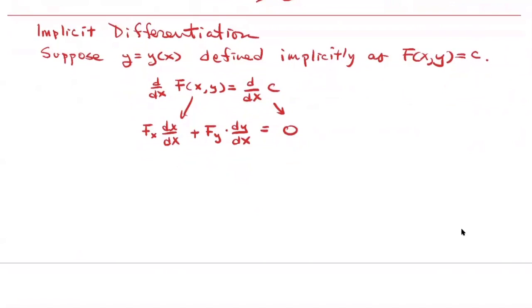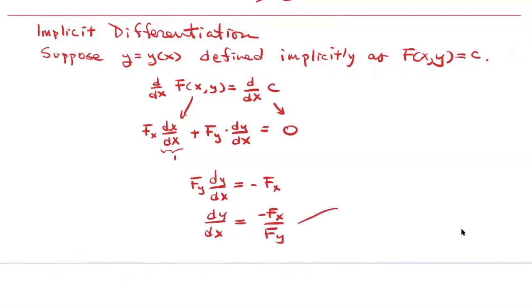Okay, and we're trying to solve for dy over dx, so that's easy enough here. Of course, dx over dx is just 1. So what you get is that fy dy over dx is negative fx. So dy over dx is negative fx over fy.